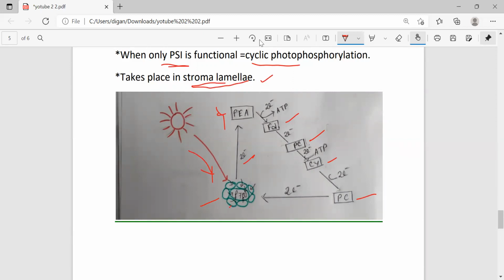And from the last plastocyanin, the electron enters again into photosystem 1. So in this type of photophosphorylation, the electron is first excited from photosystem 1, the reaction center, and at the end enters again into the reaction center. That's why this type of photophosphorylation is called cyclic photophosphorylation.